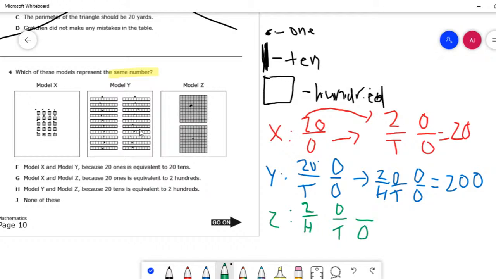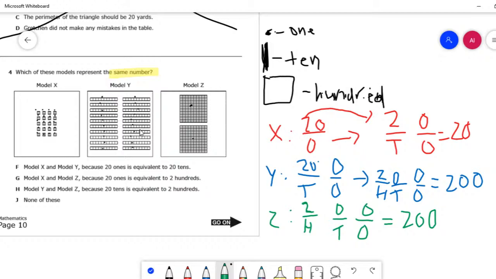And we have ones, in which we also have 0. And we know that we have 0 tens and ones because there aren't any rods or units in our diagram. And in this one, luckily, all of the place values already only have one digit each. So we can directly rewrite this as the number 200.